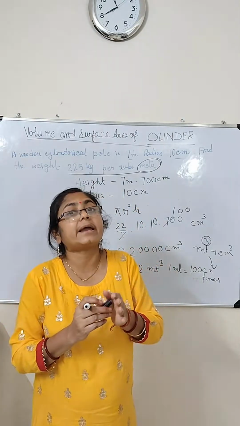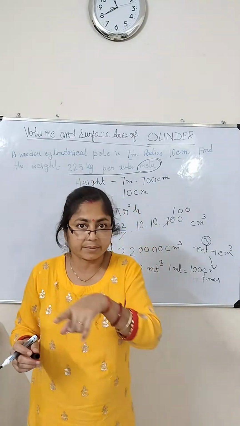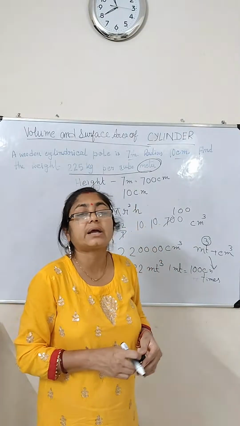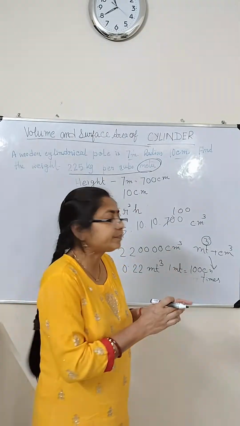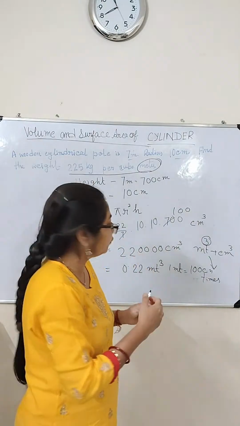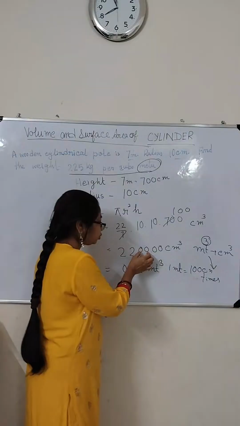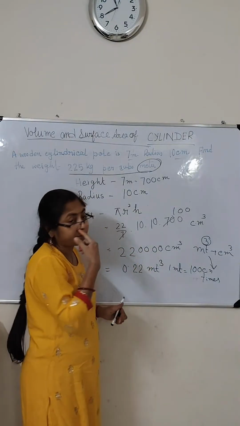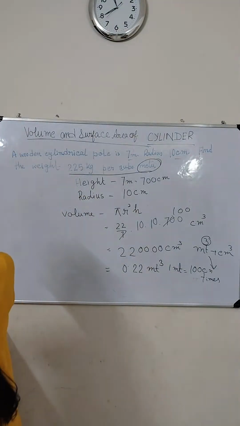But it is centimeter cube, so 3 times you convert. You move the decimal from right side to left side, for 1 time, another centimeter, and the third centimeter. So 0.22 meter cube is your unit, you converted it. Now you write the volume.